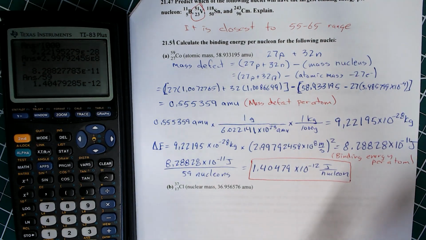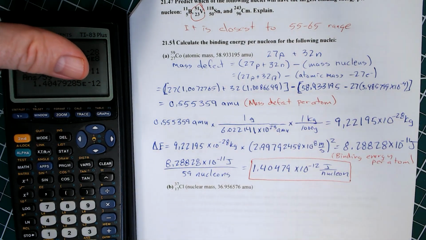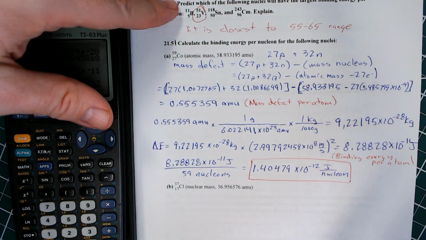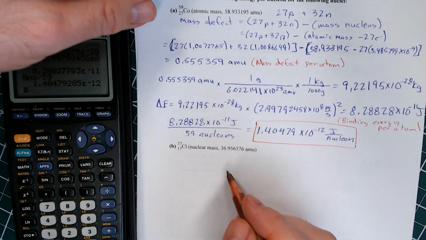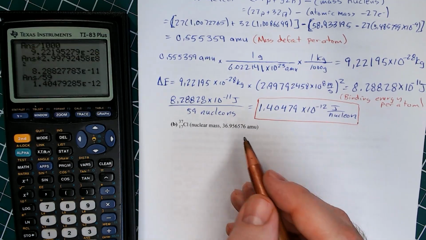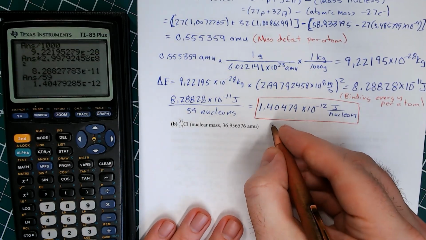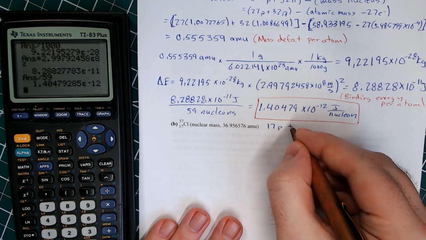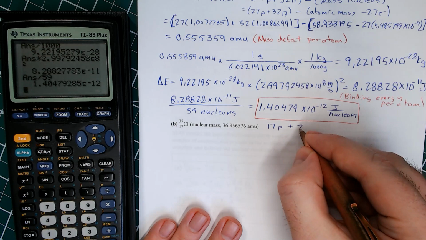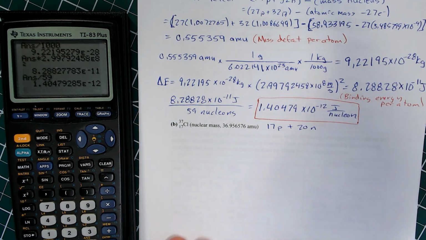All right, so the key difference on this next one is that we've got the nuclear mass instead of the atomic mass. So we'll still have to do the 17 protons, and we have 20 neutrons.